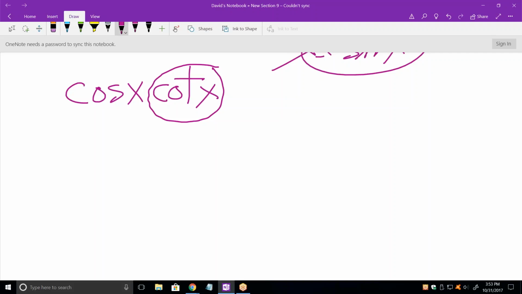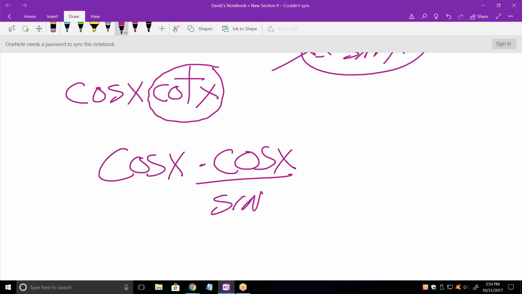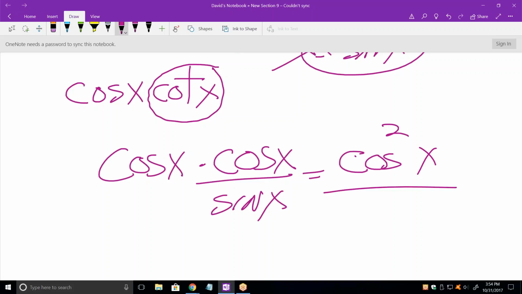For cosine, or I know the one for cotangent. It's cosine over sine. Correct. Which makes this cosine x times cosine x over sine x, which is cosine squared of x over sine x.